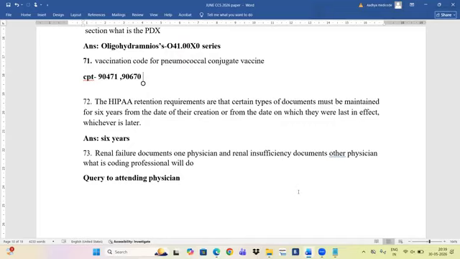If they have given any ICD code for vaccination, by default we need to code the immunization status, Z23 ICD code. Z23 ICD code we need to give. Immunization status code.